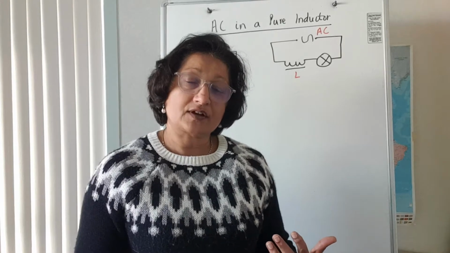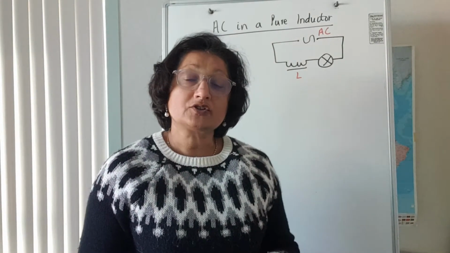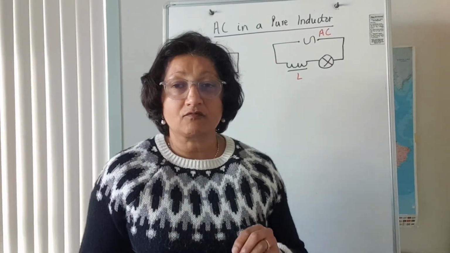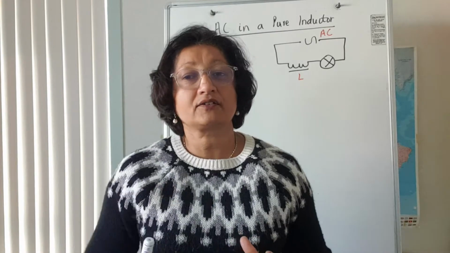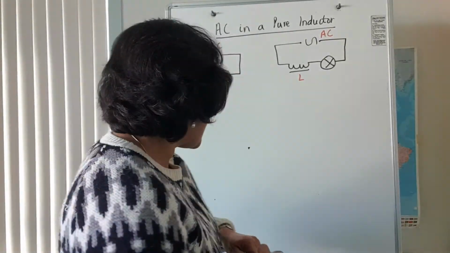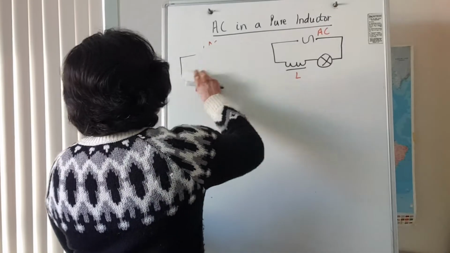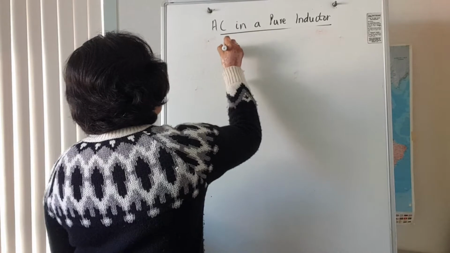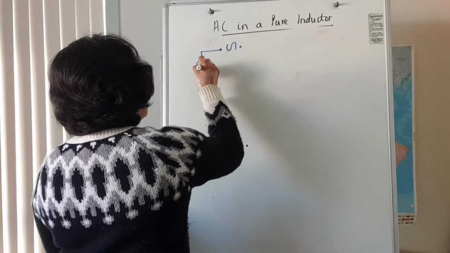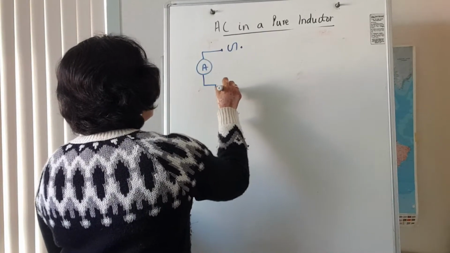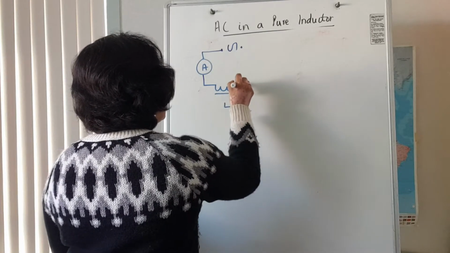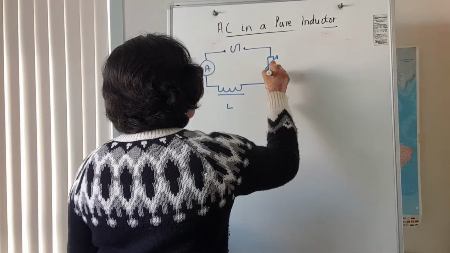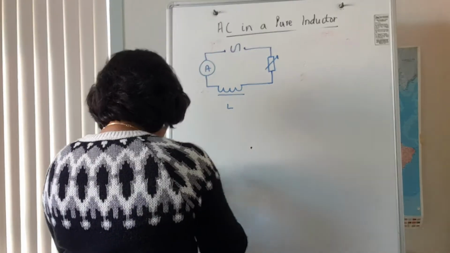Now, just like we did for capacitors, we're going to use Ohm's law for inductors, and that is the connection between the voltage across an inductor and the current through the circuit. If we have a similar setup, you have your AC circuit, an ammeter to measure the size of the current, your inductor, that's your L, and a variable resistor or rheostat to change the current.